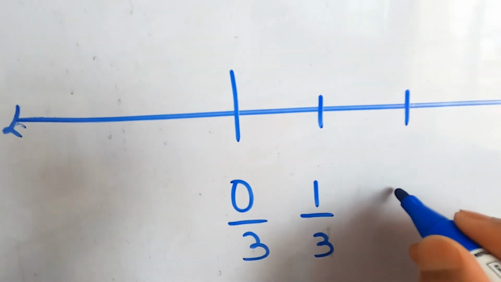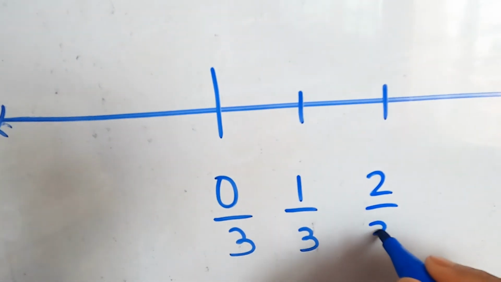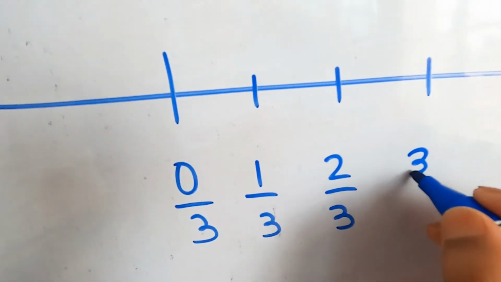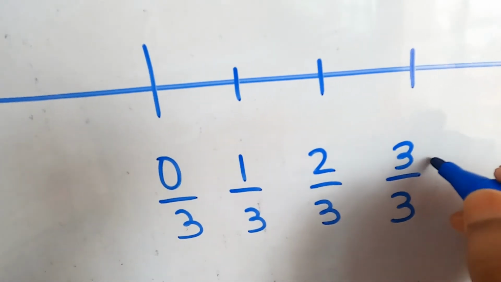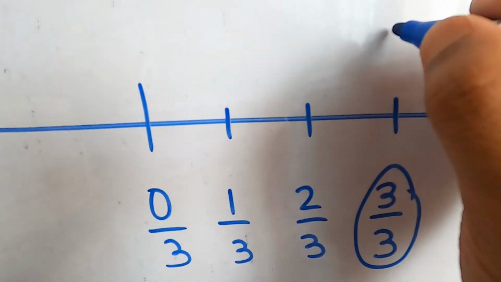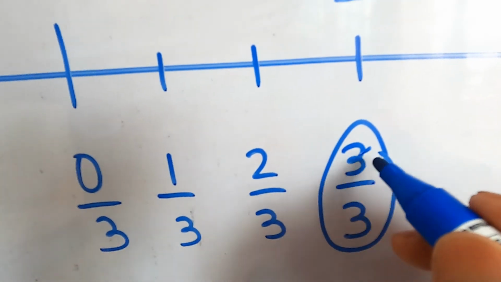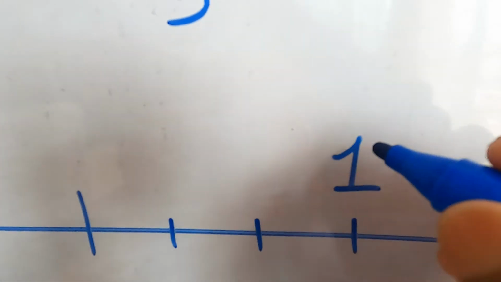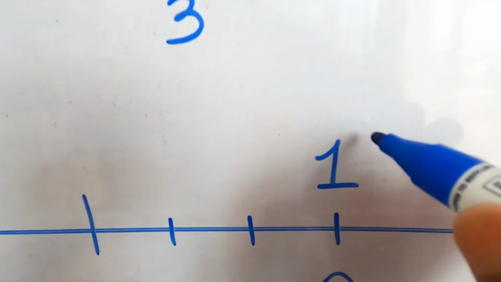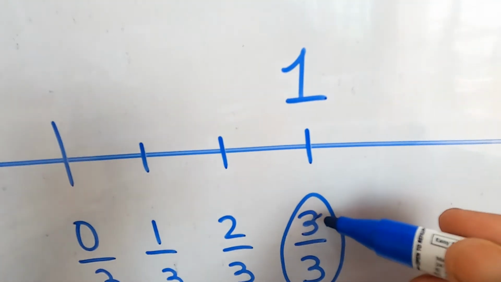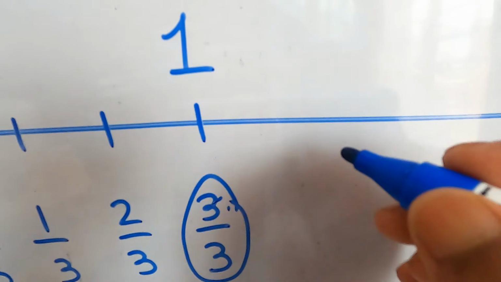So here will be 2 by 3. So here will be 3 by 3. So here 3 by 3 we can also write it as 1. Alright, because 3 1s cancel. So therefore this will be number 1 for 7 by 3.